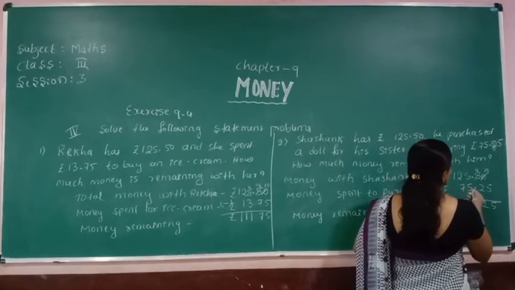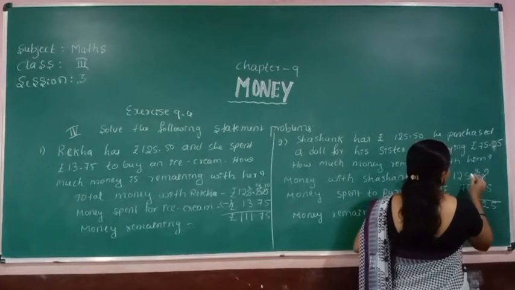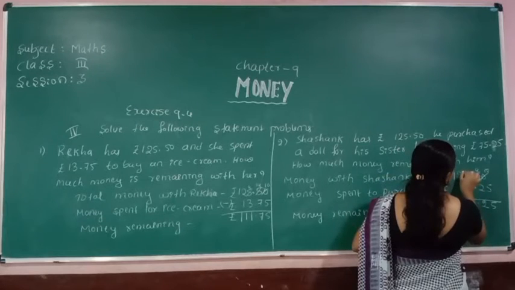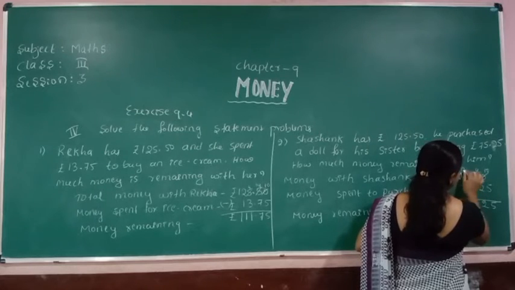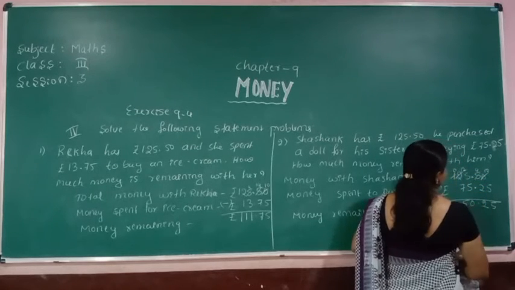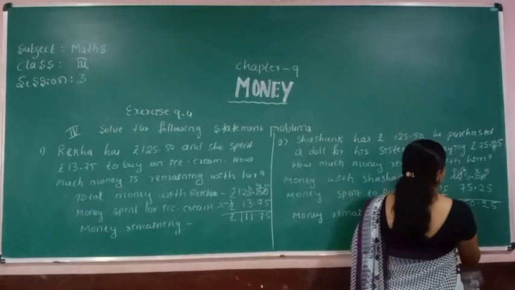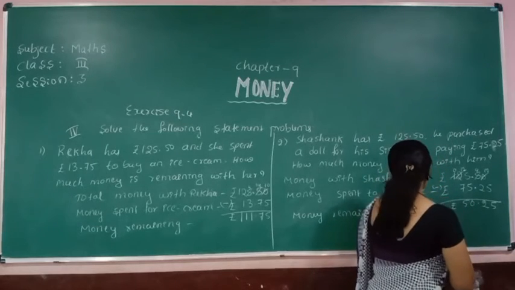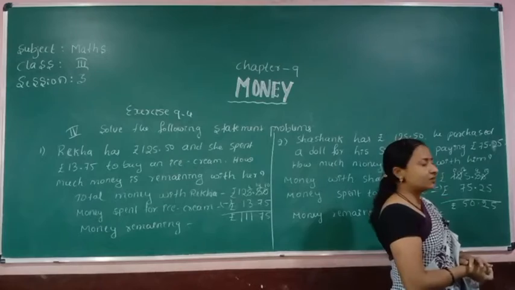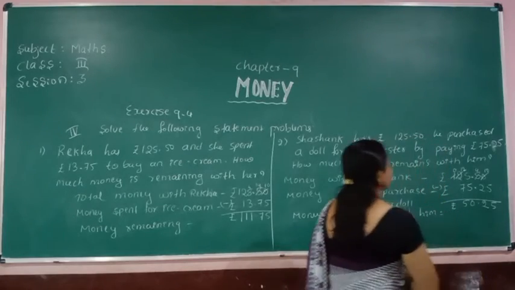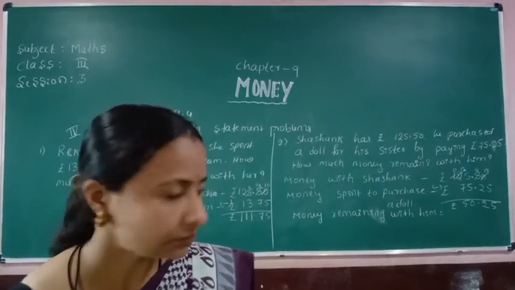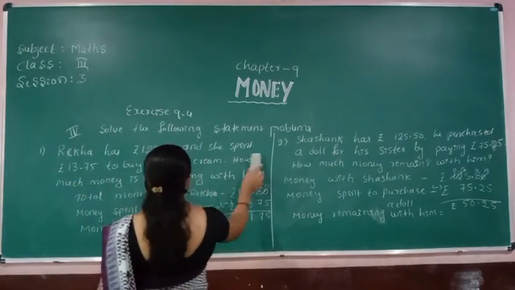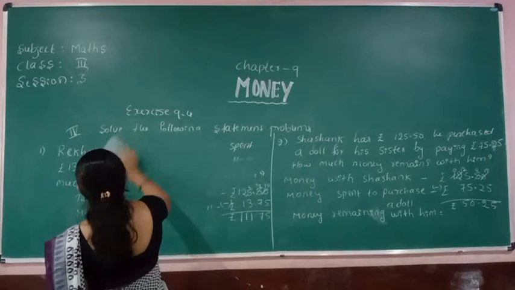Okay, so 12 minus 7 is 5. Okay. So how much money remained with Shashank? 50 rupees 25 paise. Okay. Next one.